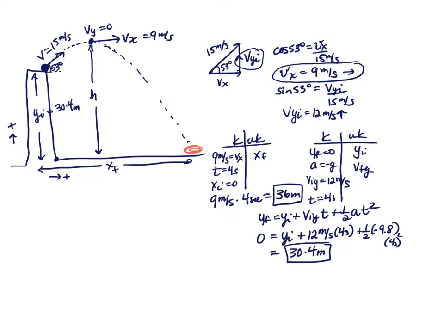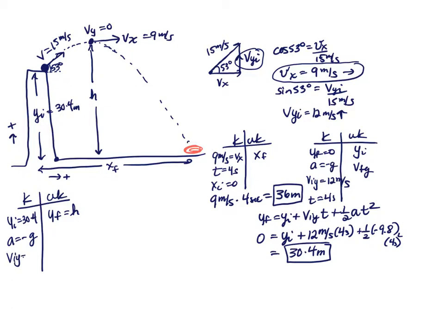Okay, so let's come down here and let's see what we can do. So let's make another known and unknown chart because it'll help us be a little more efficient maybe, and at some point maybe you won't want to do these anymore, but I'm going to do it right now just because we have a couple minutes. So I know my y initial is 30.4. My y final is this h, that's what I want. I know my acceleration is still negative g.